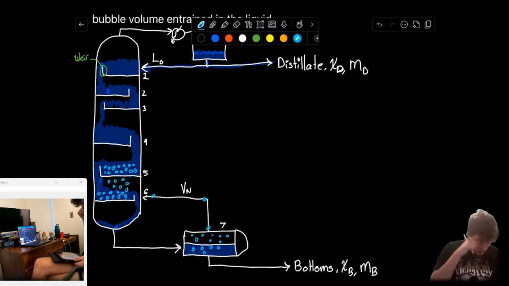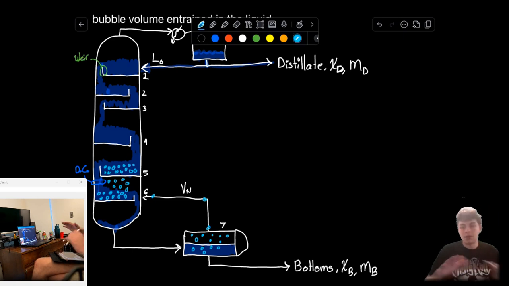Now, you'll notice I didn't draw any bubbles in this region here. And there's a reason for that. This region here is generally called the downcomer. And the idea is that the liquid is falling with such propensity that it prevents a vapor movement up the downcomer.